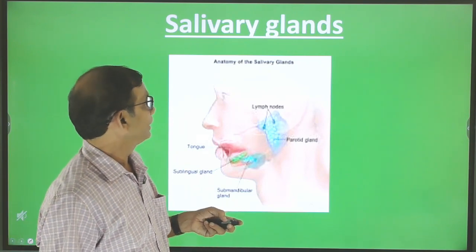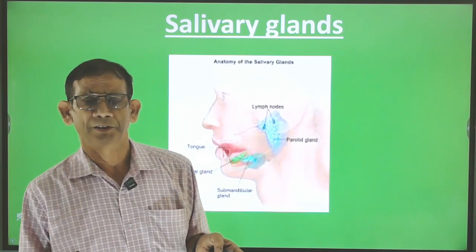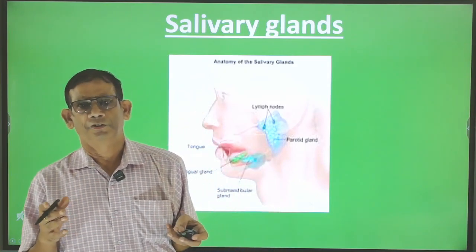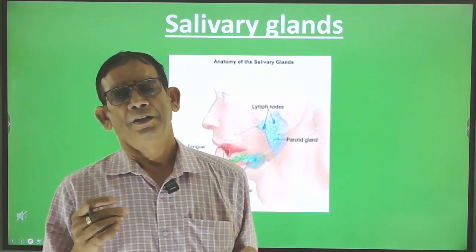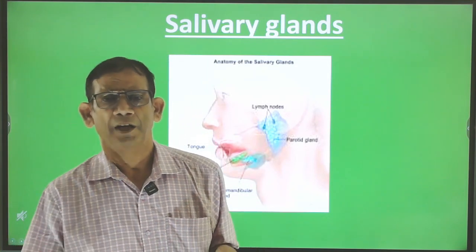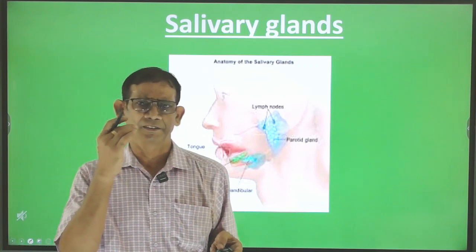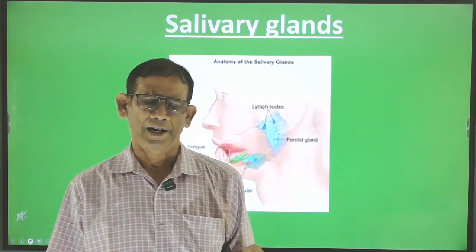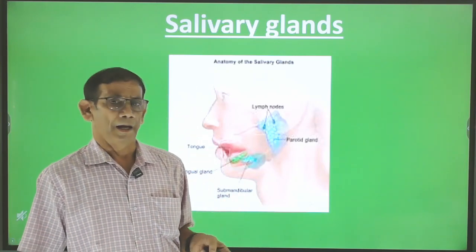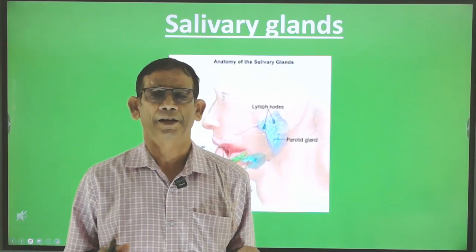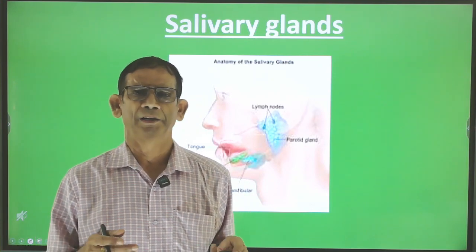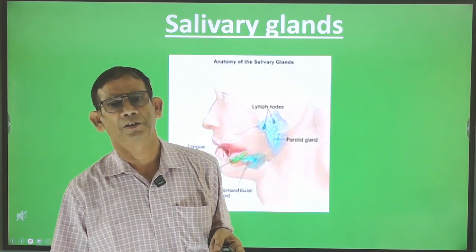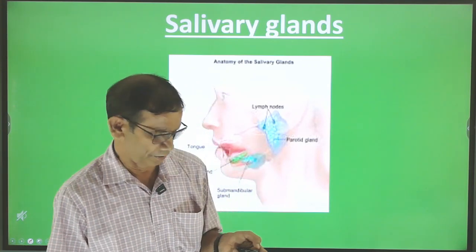And besides this, there is a newly discovered salivary gland called the tubarial gland, present in the pharyngeal region, and the salivary gland present just above the tongue is called von Ebner's gland. The newly discovered gland, discovered in 2020, is called the tubarial gland, present in the pharyngeal region.